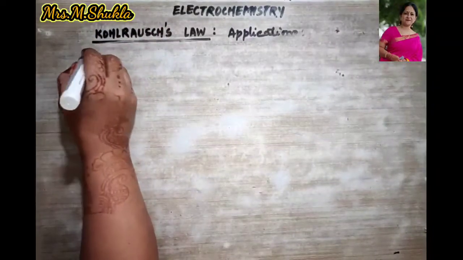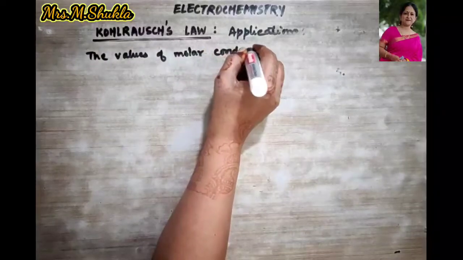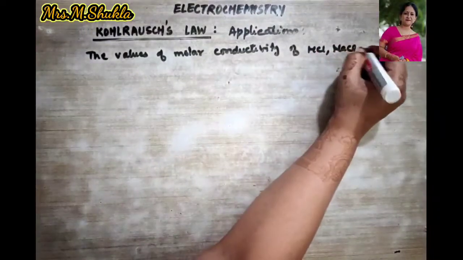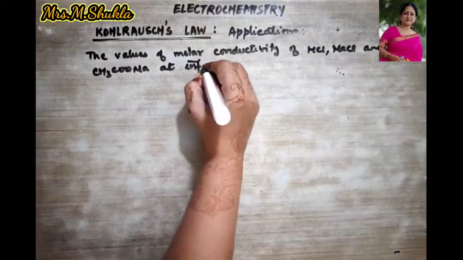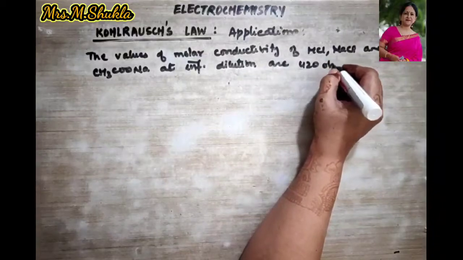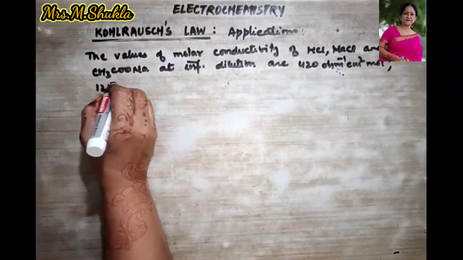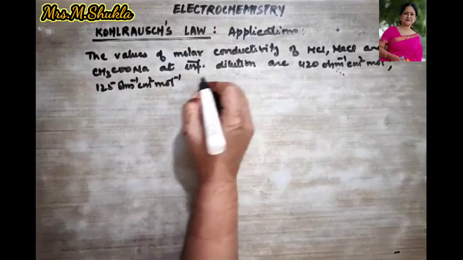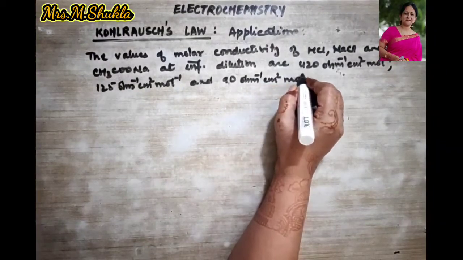So let's take this example: the values of molar conductivity of HCl, NaCl and CH3COONa at infinite dilution are 420 per ohm centimeter square per mole, 125 per ohm centimeter square per mole, and 90 per ohm centimeter square per mole, right?